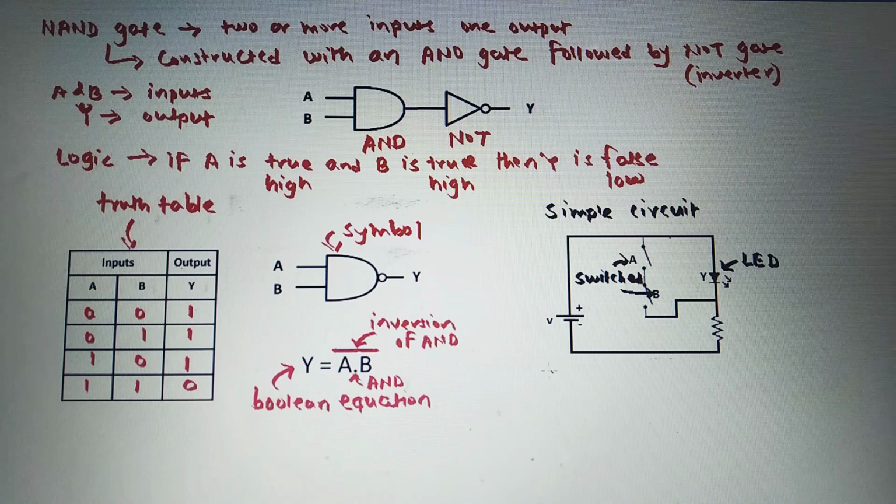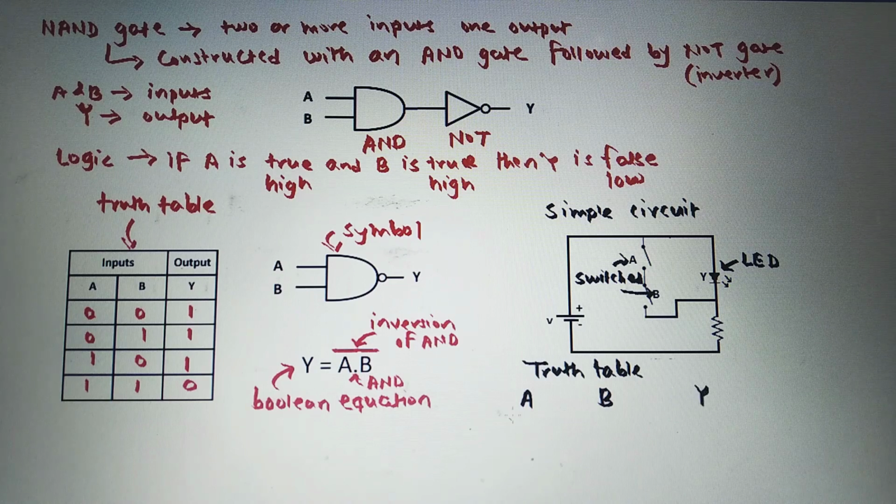Now we will write here the truth table for this simple circuit of NAND gate using switches as input and LED as output. So we will write here switch A and switch B as an input and LED Y as a output.